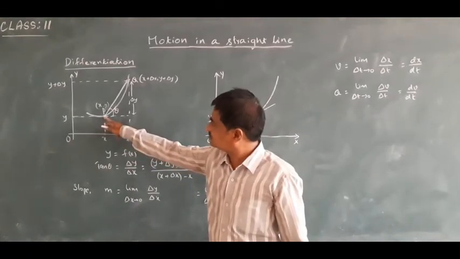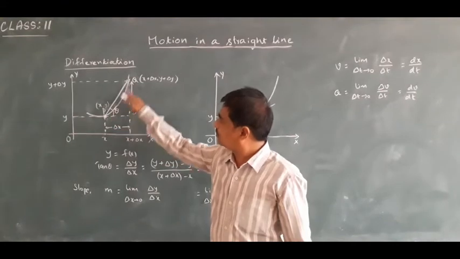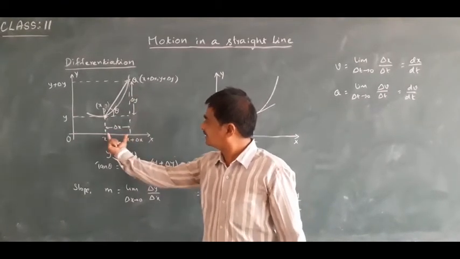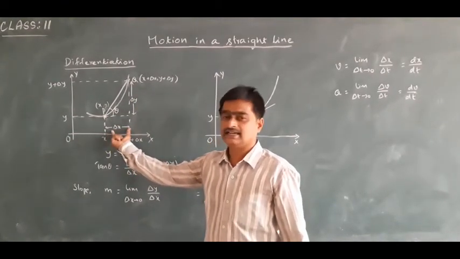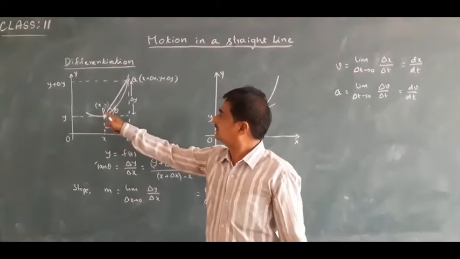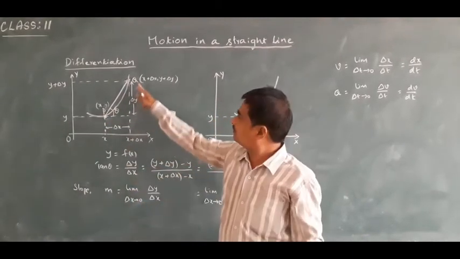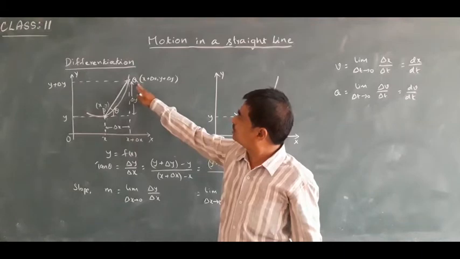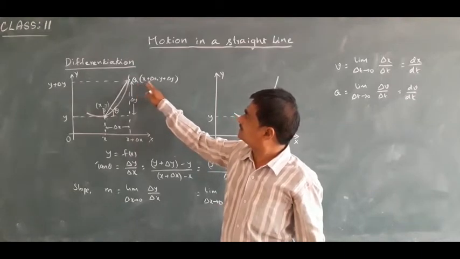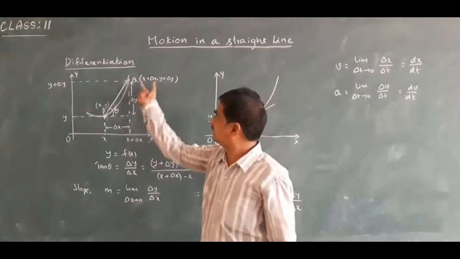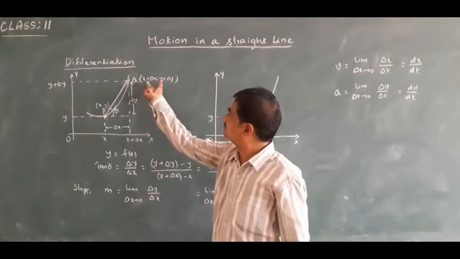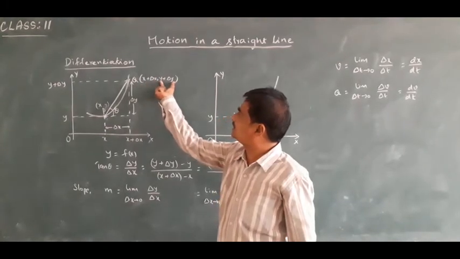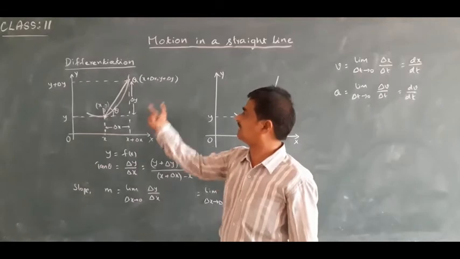To understand the change of y at P, we take an increment of x, that is x plus delta x. Then we go to a point Q, which has x plus delta x. At that value, y becomes y plus delta y.